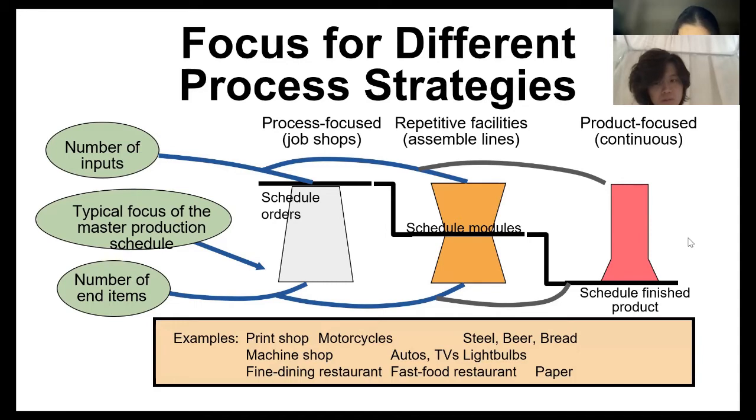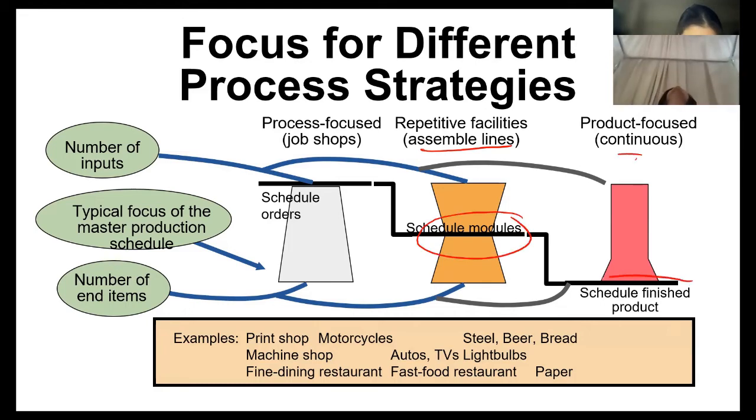This is just showing the different types of scheduling that you can do. For process focus, you have to schedule orders. For repetitive facilities, the assembly line is the easiest to schedule. Very easy to schedule. Line on and it will go. It is scheduling the module.